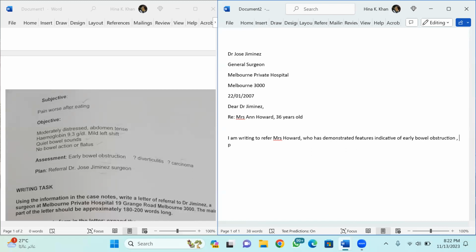Early bowel obstruction, possibly due to diverticulitis or cancer. Okay, now full stop. Now this is a normal referral letter, so I will not use the word urgent or something. I will just go with the flow.